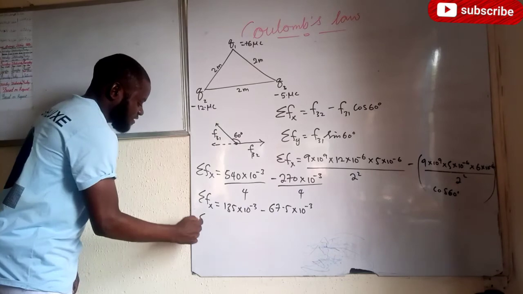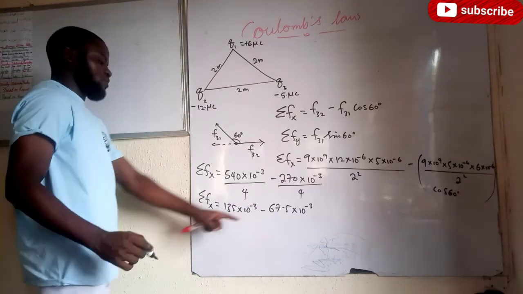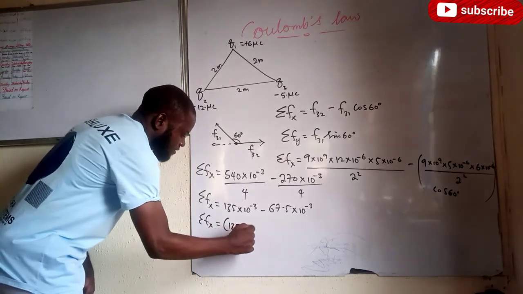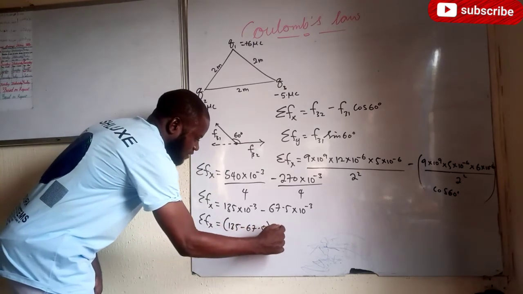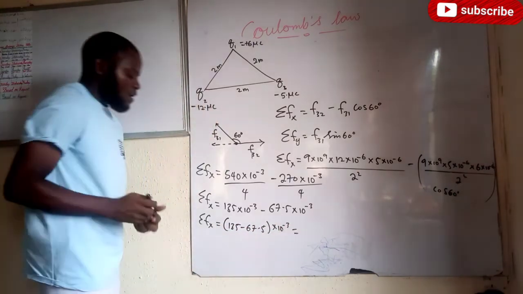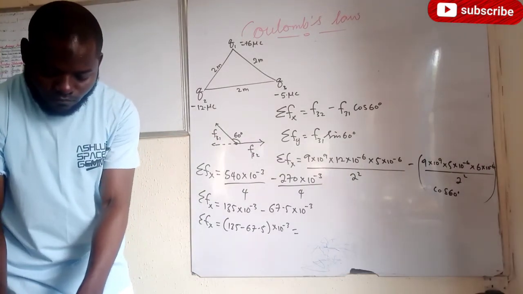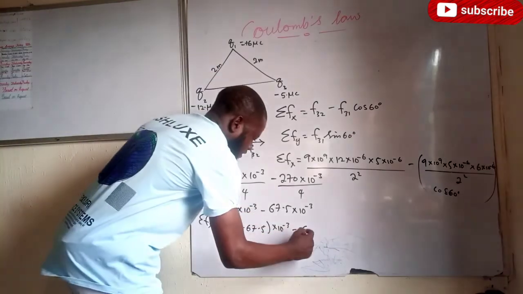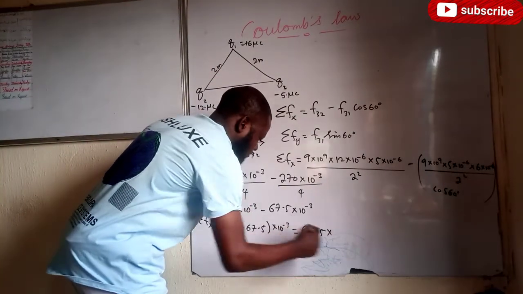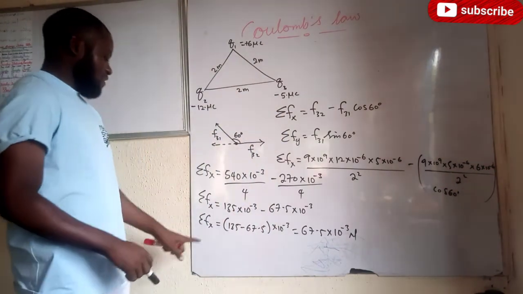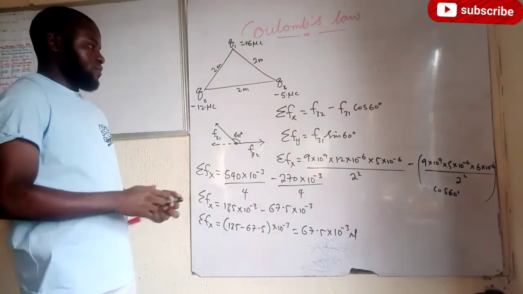So we have that the summation of the horizontal component forces is going to be 135 minus 67.5 times 10 to the power of minus 3. And that will give us 67.5 times 10 to the power of minus 3 Newton. So that's the value for the summation of the horizontal component.